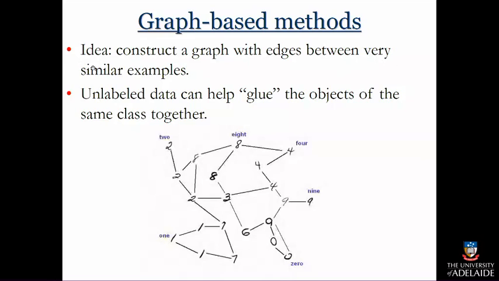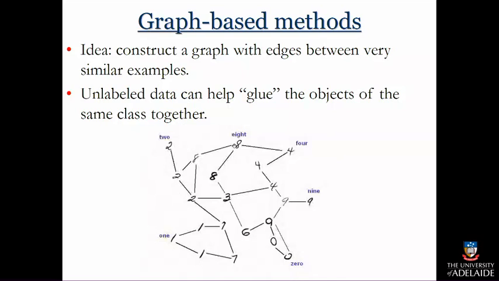Very similar examples means we just find the K-nearest-neighbors, either 1 nearest neighbor or 5 nearest neighbors, and connect them by an edge.